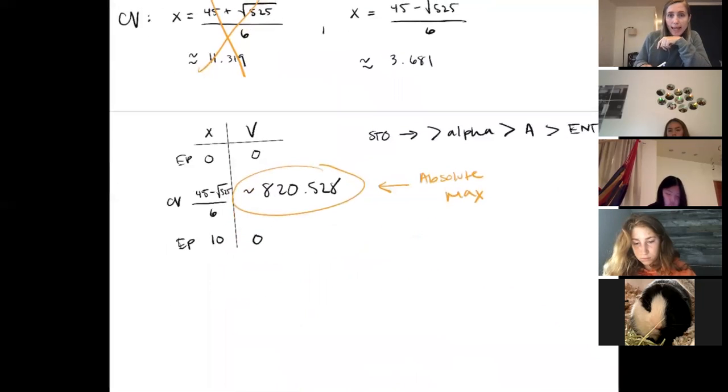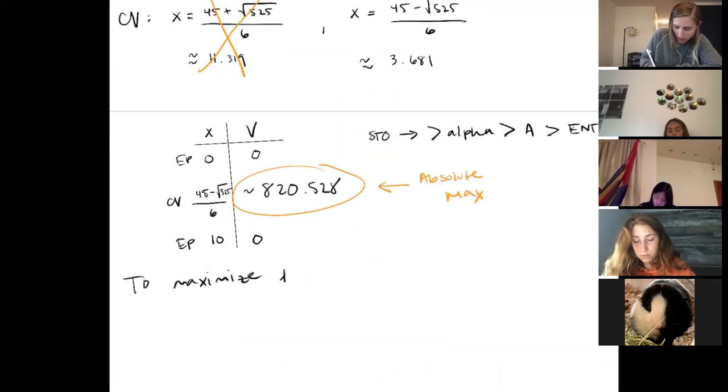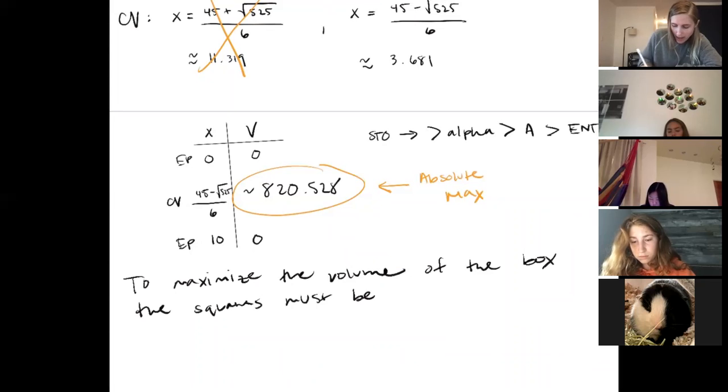So we can say to maximize the volume of the box, the squares must be approximately 3.681 inches by 3.681 inches.